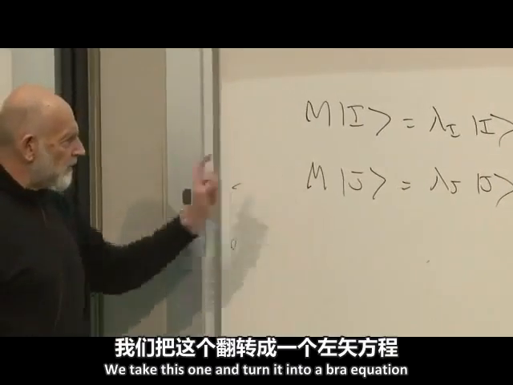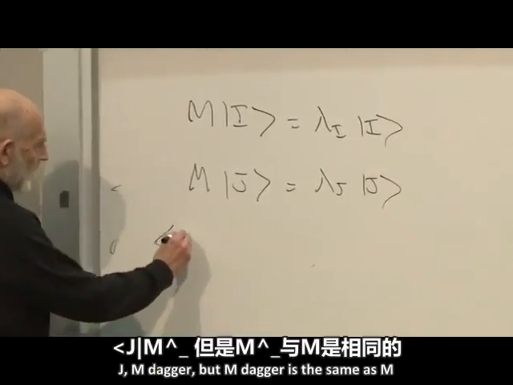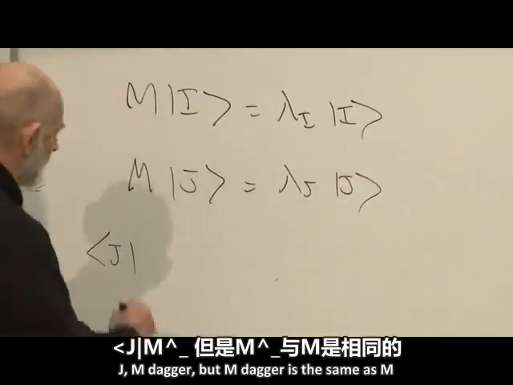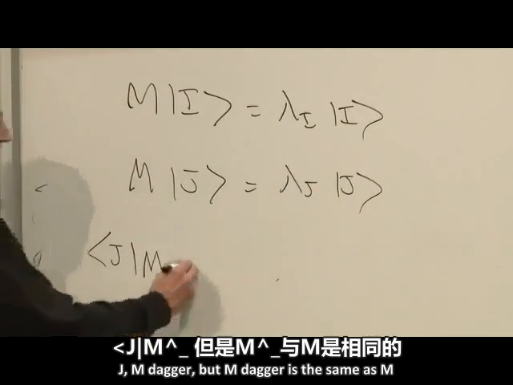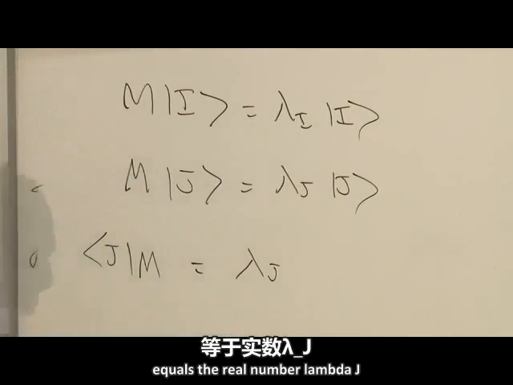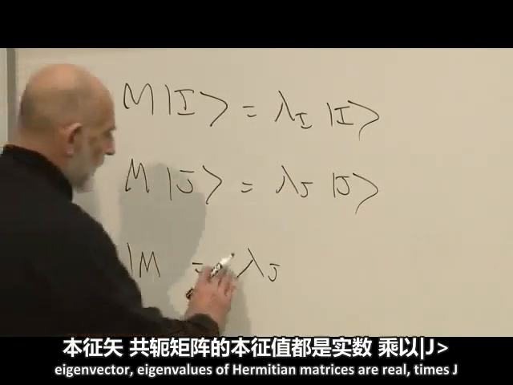We'll take this one and turn it into a bra equation. So that looks like this. J, M dagger, but M dagger is the same as M, equals the real number lambda J, eigenvalues of Hermitian matrices are real, times J.